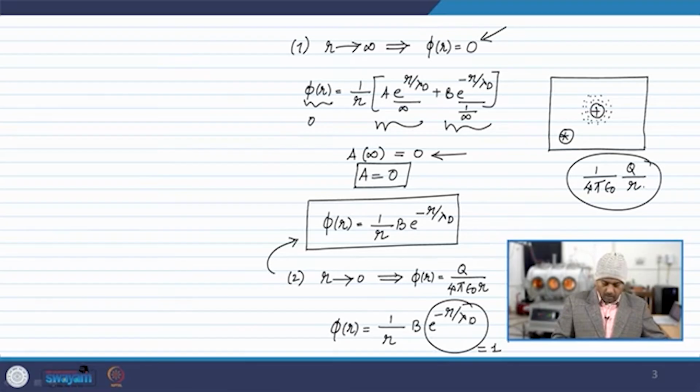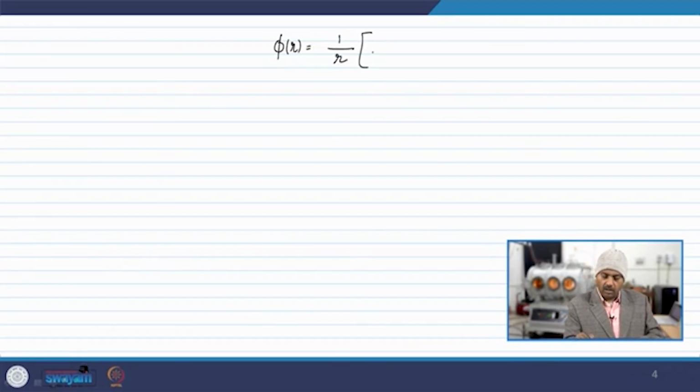Now, going back and using both these things together, we can realize that phi of r is 1 by r times a e to the power of r by lambda d plus b e to the power of minus r by lambda d.